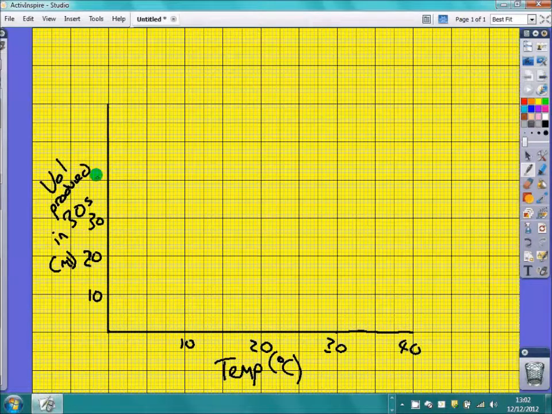20, 30, 40, 50. So my first value, 8 degrees C, gave me 7 ml. So I go up to 8 and up to 7. For 19, I go up to 18 ml.